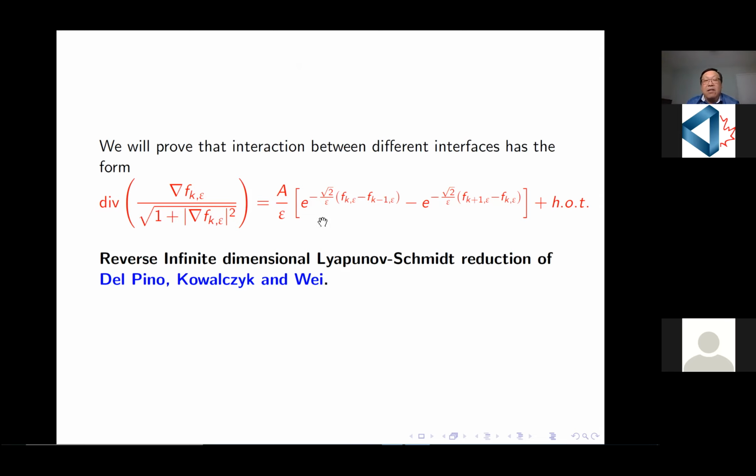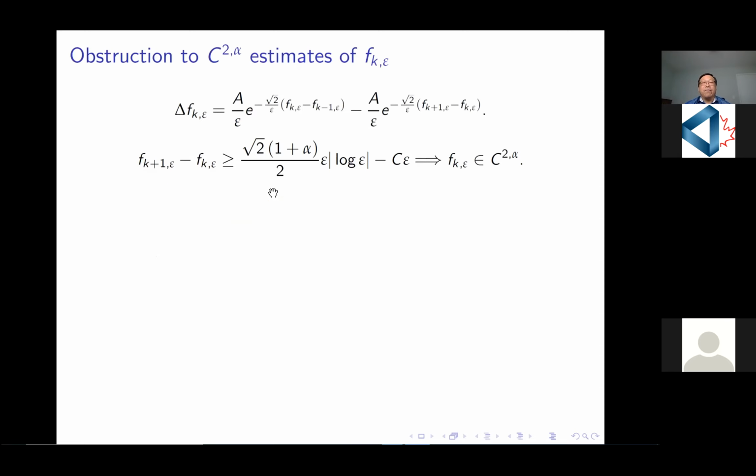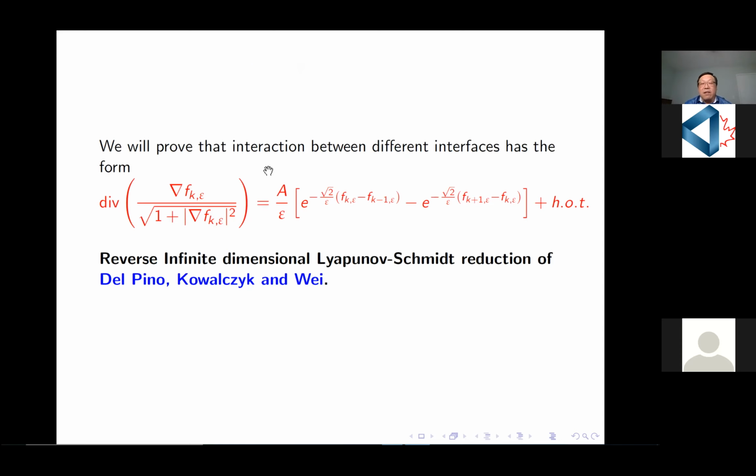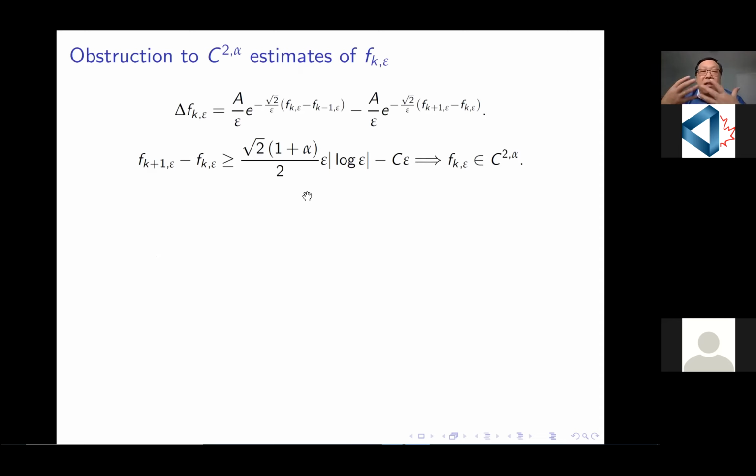We prove this by a reverse infinite dimensional reduction. This reduction was developed by del Pino and myself, but here we use it in reverse order. Once we have this, we ask what is the obstruction to the C2 alpha estimate.